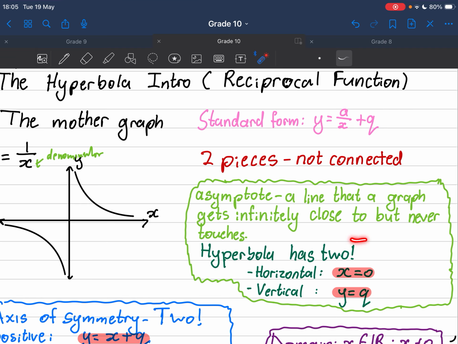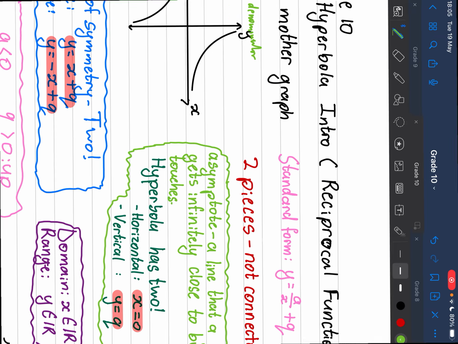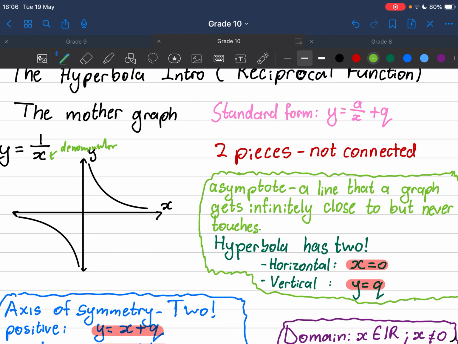Now this graph has two asymptotes. Your straight line didn't have an asymptote, your parabola didn't have an asymptote, but your hyperbola has two. From my explanation, you should have been able to see one of those asymptotes. The one asymptote actually lies right on the x-axis, right on top of it.